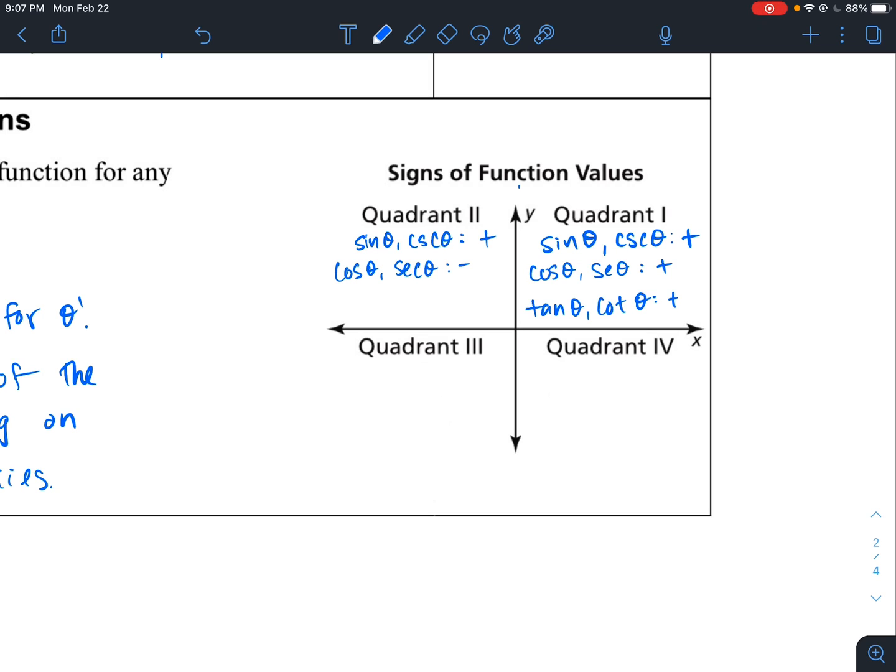So I'm going to write up here, this is positive y, this is negative x, this is negative y, this is positive x. Hopefully that helps you see why. And then here, tangent of theta or cotangent of theta will be negative, because tangent includes x, which in this case would be negative.